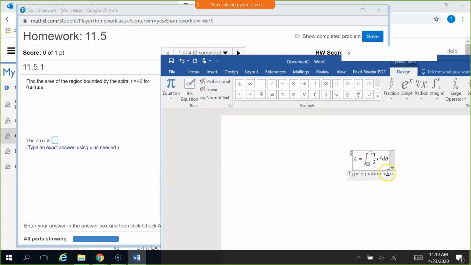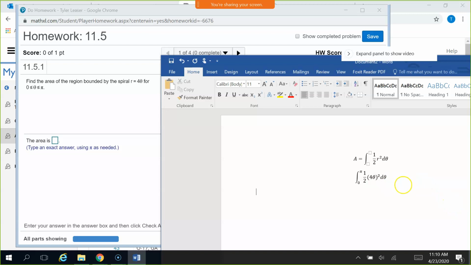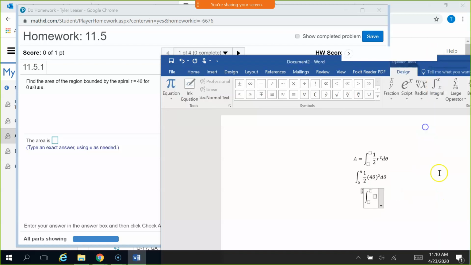So we do the integral from 0 to pi of 1/2 times 4 theta squared d theta. Squaring and cleaning that up: 4 squared is 16, 16 cut in half is 8, and we have theta squared d theta.